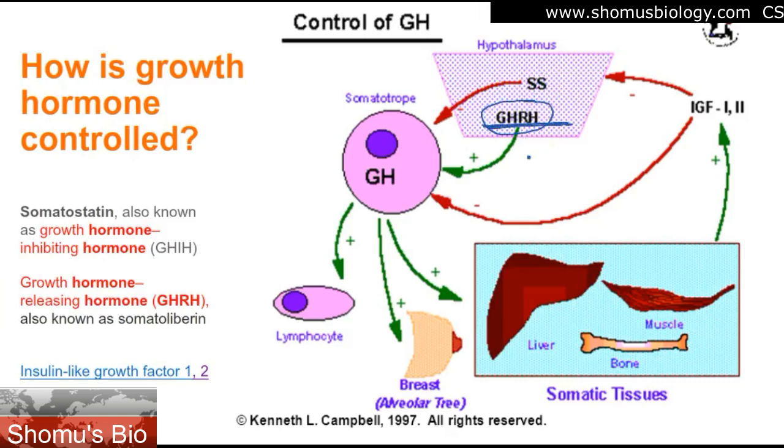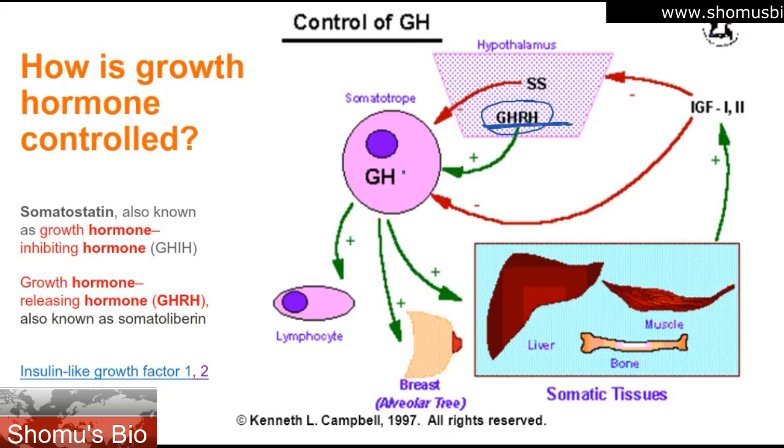Growth hormone releasing hormone acts on the somatotropes of the pituitary gland. This is the type of cell in the pituitary gland which produces growth hormone. Once they receive GHRH, the somatotropes start releasing growth hormone.